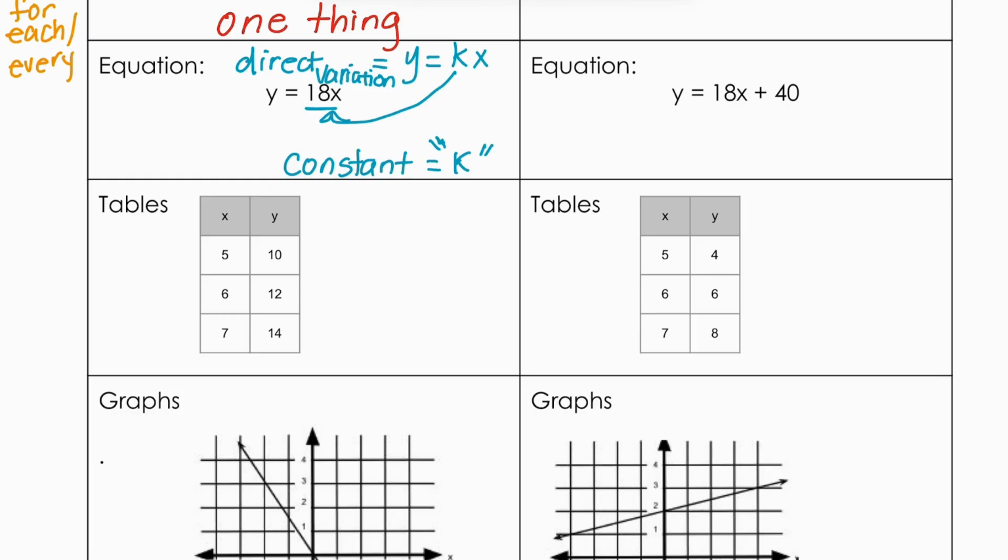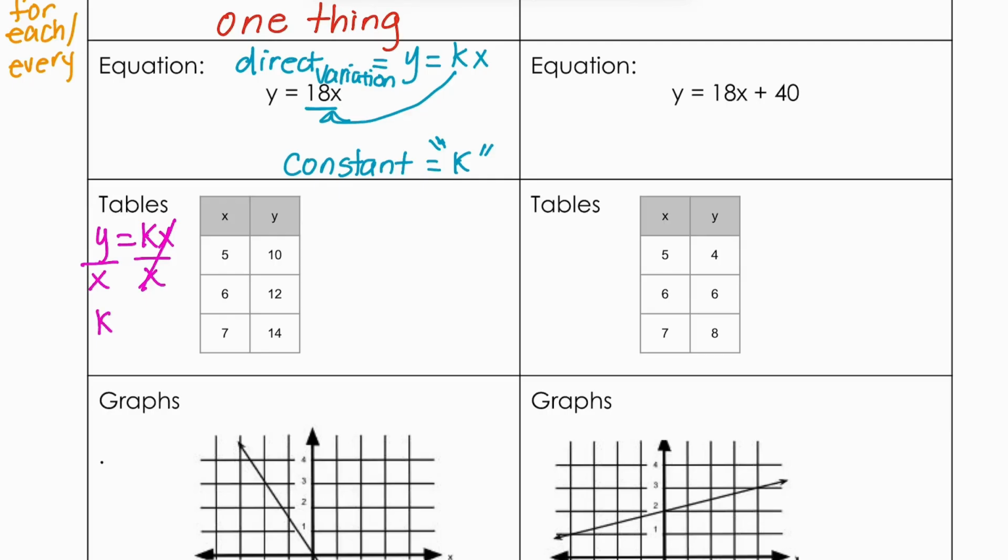In tables, we have our x value and our y value. We need to find k, the constant. How will we do that? We take y equals k times x, which is direct variation. I'm going to divide by x because I need k by itself.